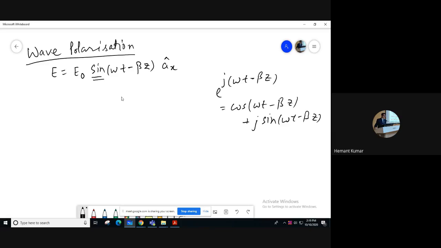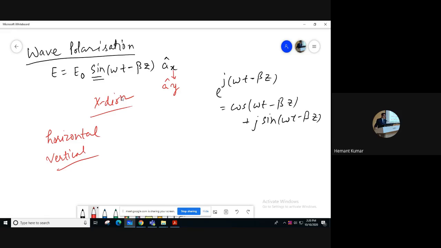The polarization of the wave is the same as the direction of the electric field. So it is the X direction. The X direction is always considered horizontal polarization, and the Y direction is considered vertical. So it is a horizontally polarized wave. Suppose instead of A X, A Y is given, then it is a vertically polarized wave.